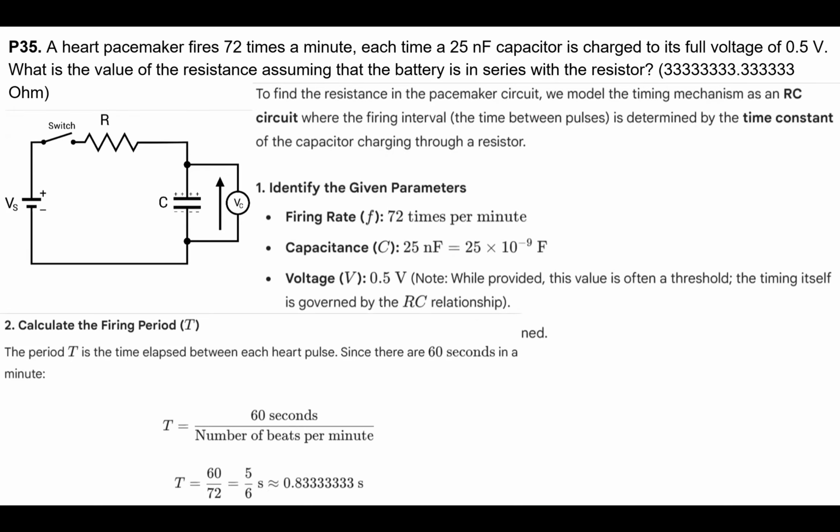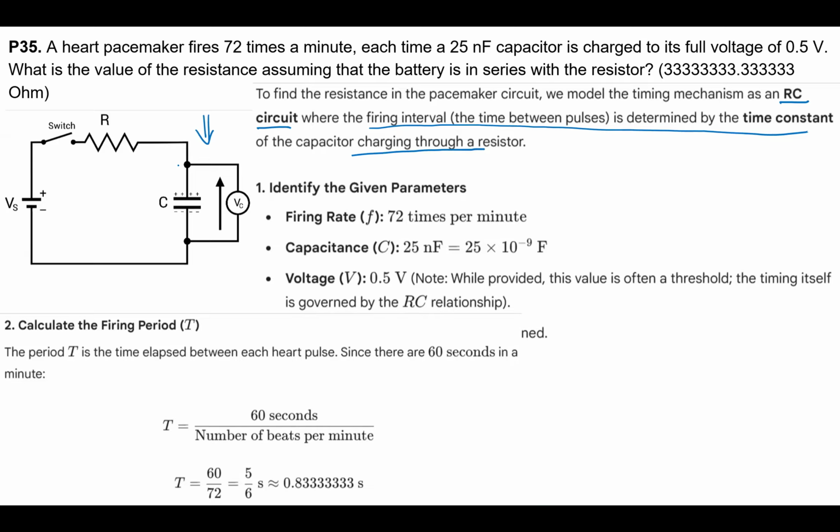To find the resistance in the pacemaker circuit, we model the timing mechanism as an RC circuit, as it is. And the firing interval is determined by the time constant of a capacitor charging through the resistor.